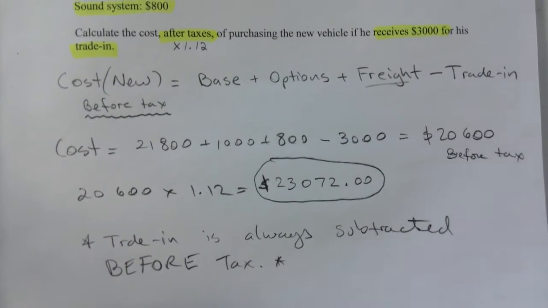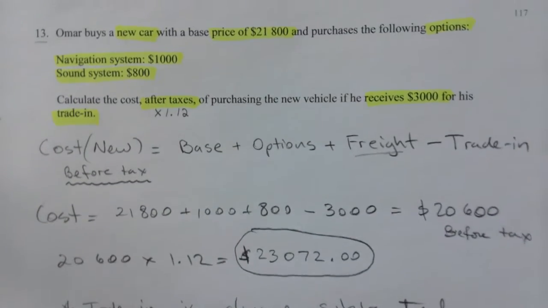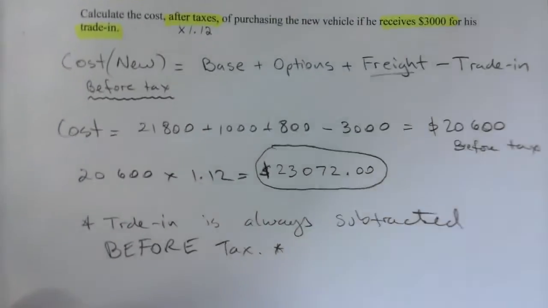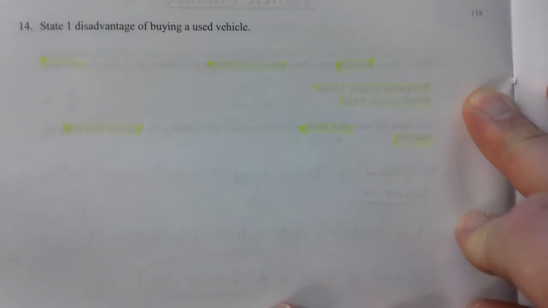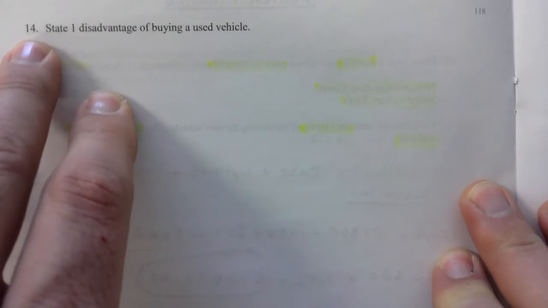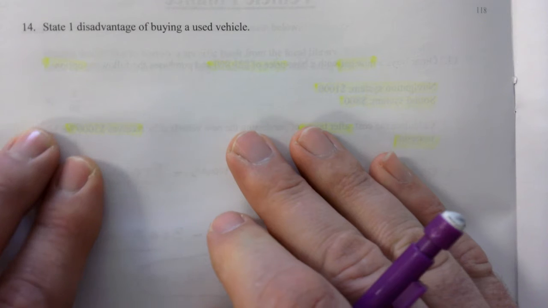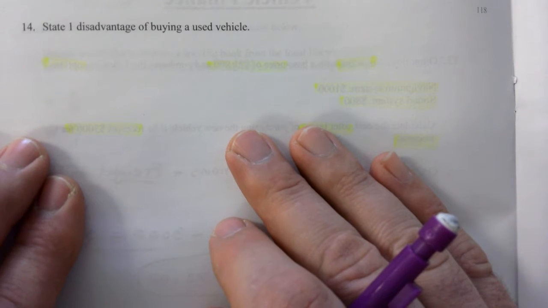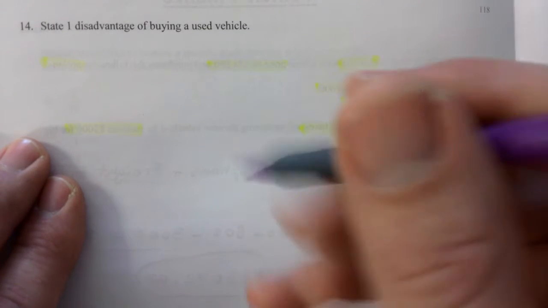So this one is worth 2 marks, right? Obviously, I gave you way more than what this question asks of you. They don't ask you to write down the formula or anything like that. Okay. 14. State one disadvantage of buying a used vehicle.